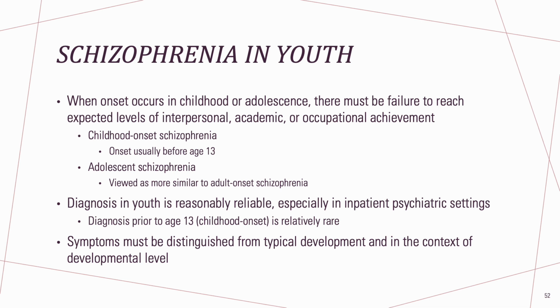Diagnosis in youth is reasonably reliable, especially in inpatient psych settings. But diagnosis before age 13, so childhood onset, is pretty rare. And when we're thinking about diagnosis, the symptoms must be distinguished from typical development, and put in the context of the child's developmental level.